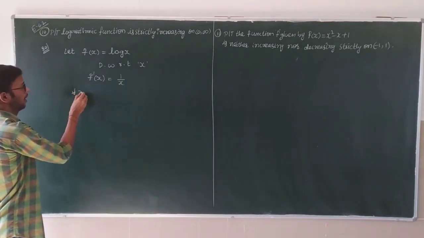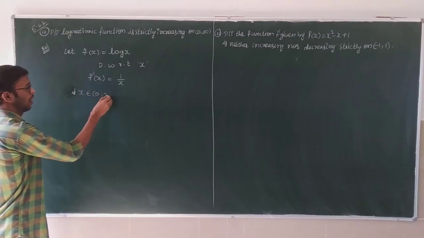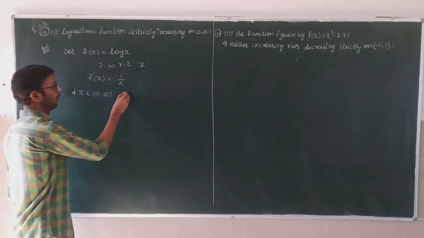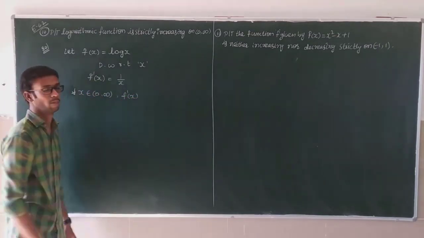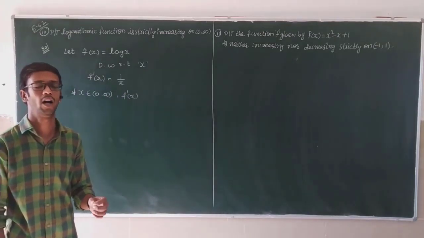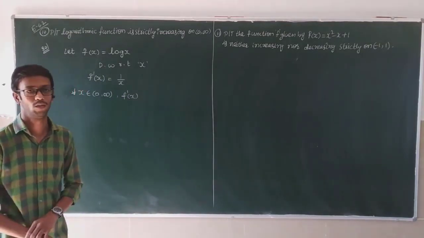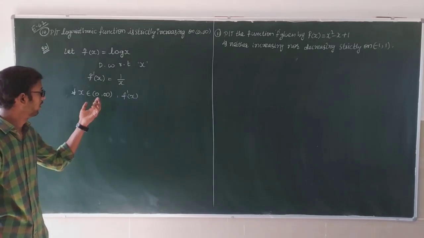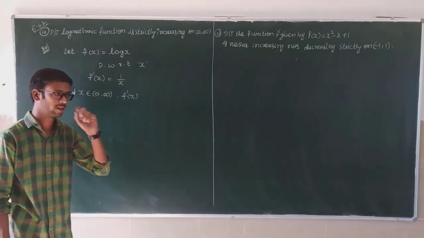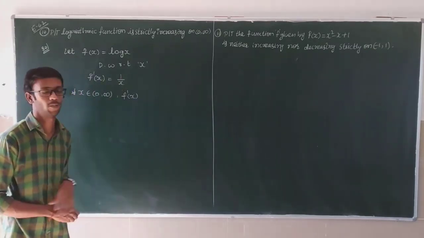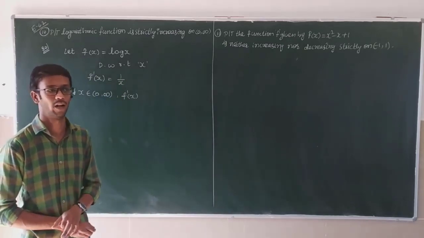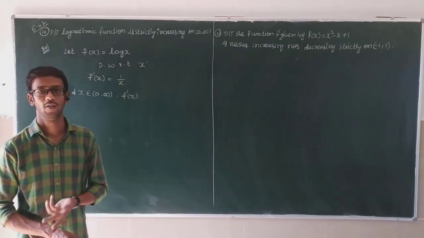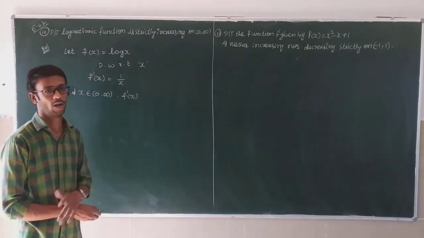For every x belongs to 0 comma infinity, f dash of x value is greater than 0 or less than 0, that we have to find. After 0, take 0.5: 1 by 0.5 is some positive number. 1 by 1 is 1. 1 by 2 is 0.5.